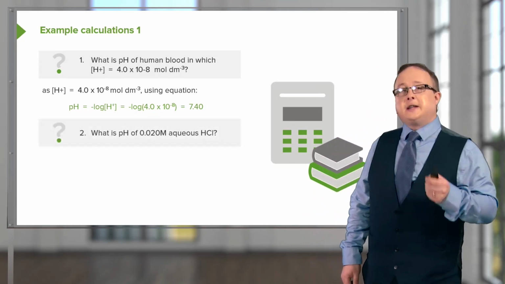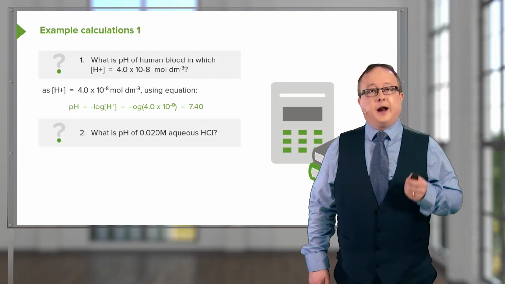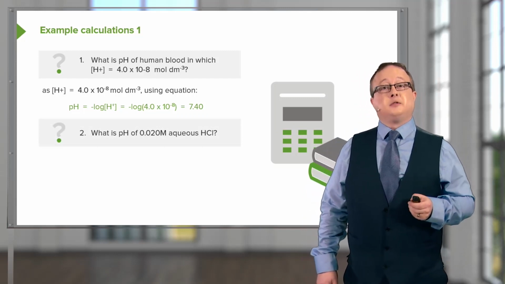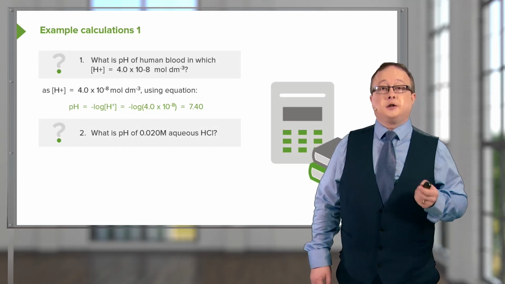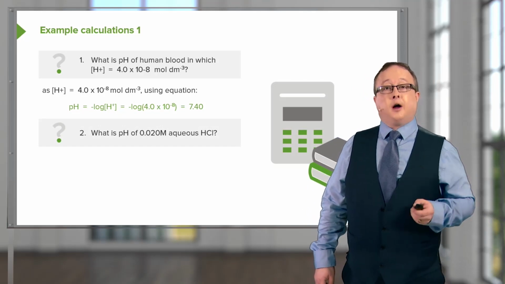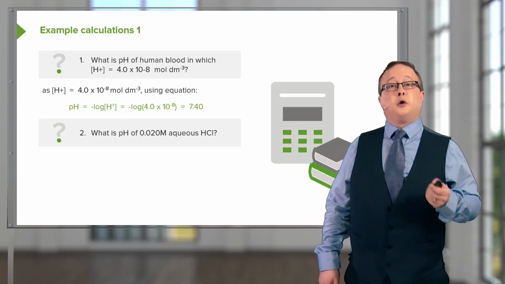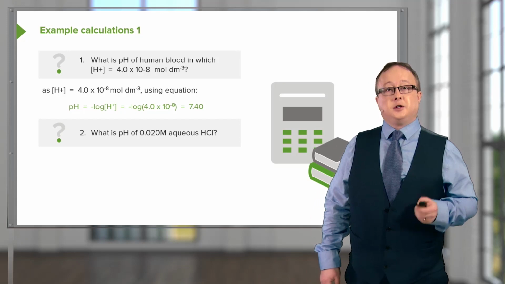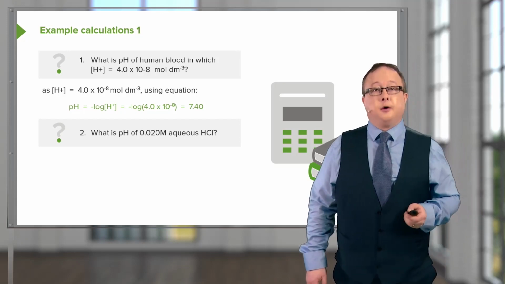Let's have a look at the second question. Let's see what would happen if we used a strong acid, hydrochloric acid, and dissolved it to make a solution of 0.02 molar, which is 0.02 moles per decimeter cubed. The concentration is given for us here as 0.020.